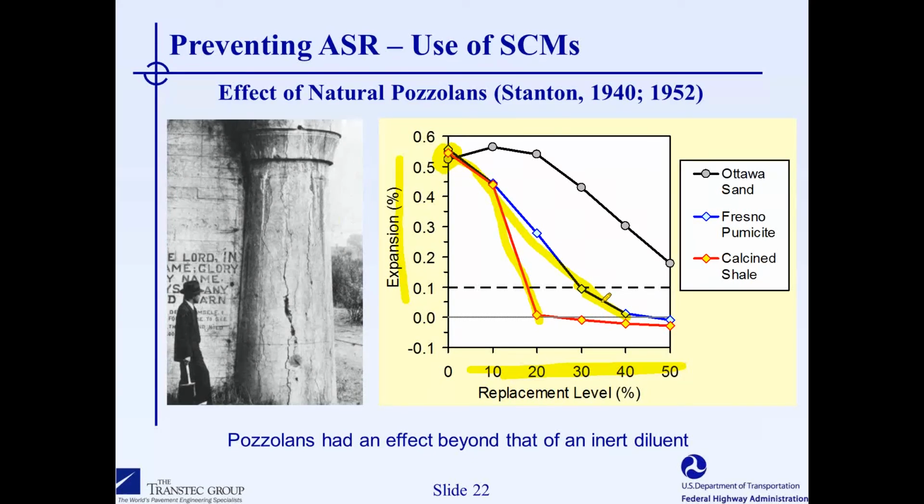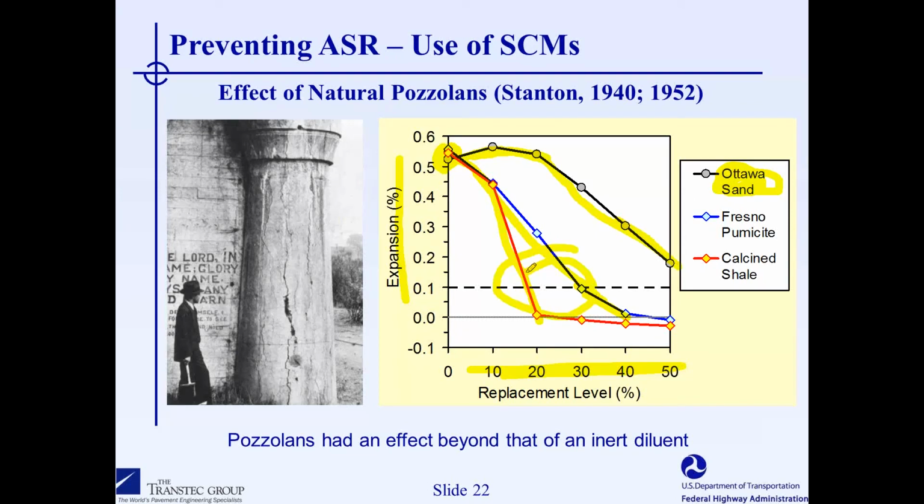Stanton was a pretty smart guy, and he thought, well, am I merely diluting the cement? Is that why these materials are working, because I have less cement in there? So he tested an Ottawa sand, basically an inert pure silica sand. He ground that to cement fineness and substituted it for the cement, and actually found that at very low replacement levels, up to 20%, he saw almost no reduction in expansion, but then eventually he did see an impact of dilution.